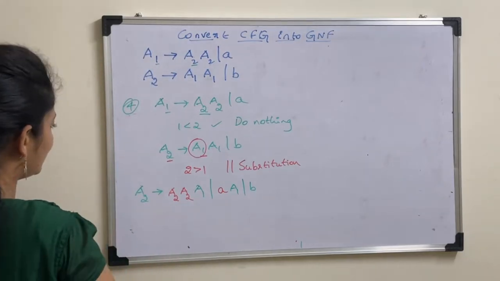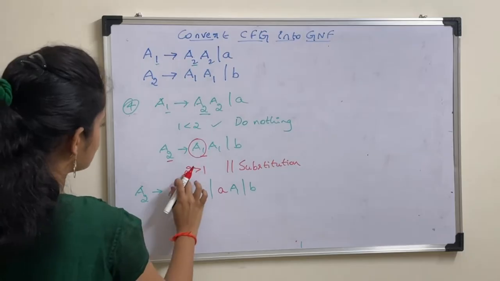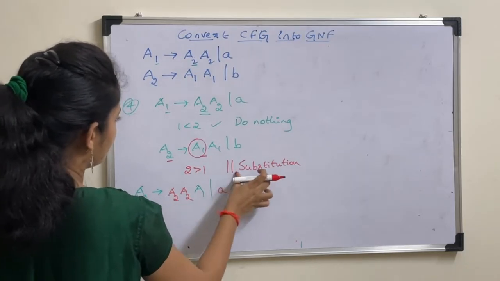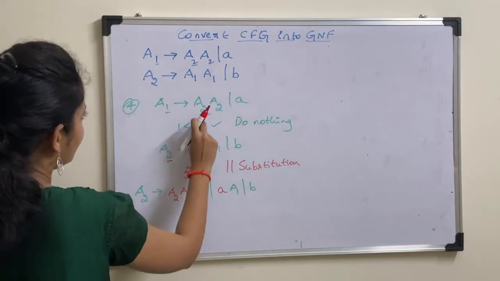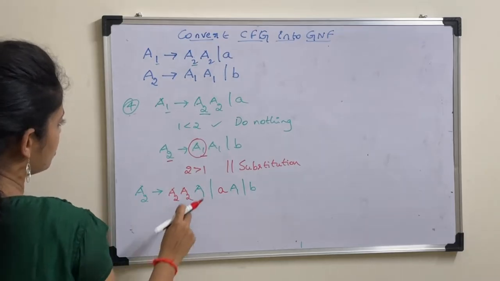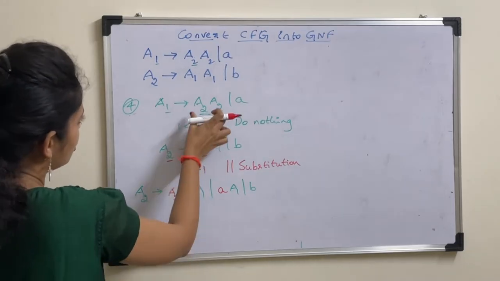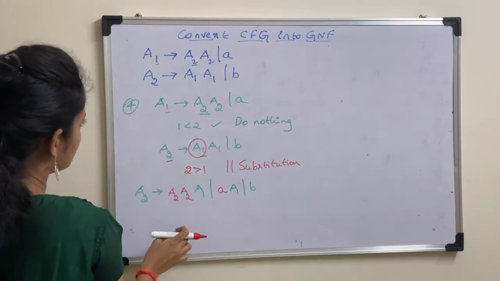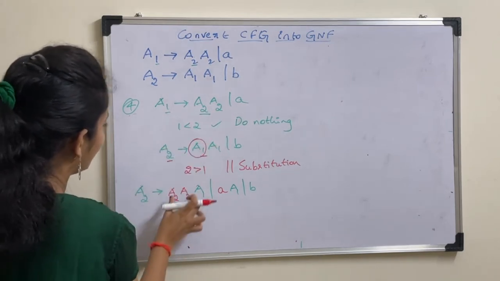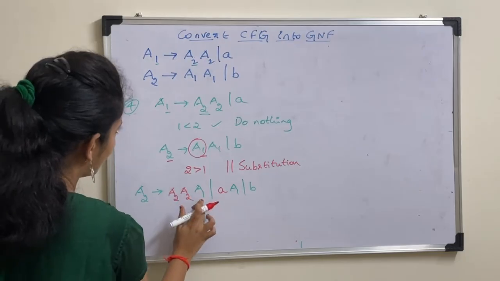So what we did in this case: as the LHS is greater than the RHS value, apply the substitution method, and in place of this A1 you must substitute the A1 productions. So in place of this A1, I substituted A2, A2 and wrote this A1 as it is.